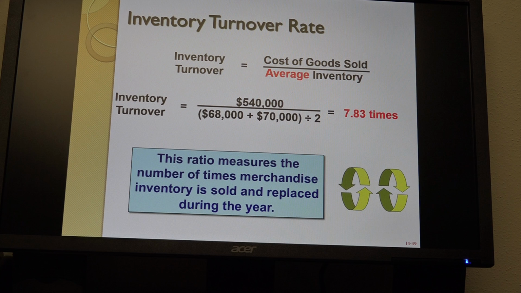And so cost of goods sold is your numerator, average inventory, which is beginning of the year inventory plus end of year inventory divided by 2. And in this case, you've got the number 7.83 as your percentage. Again, you want this number to be higher. You want to turn over your inventory more rather than less.